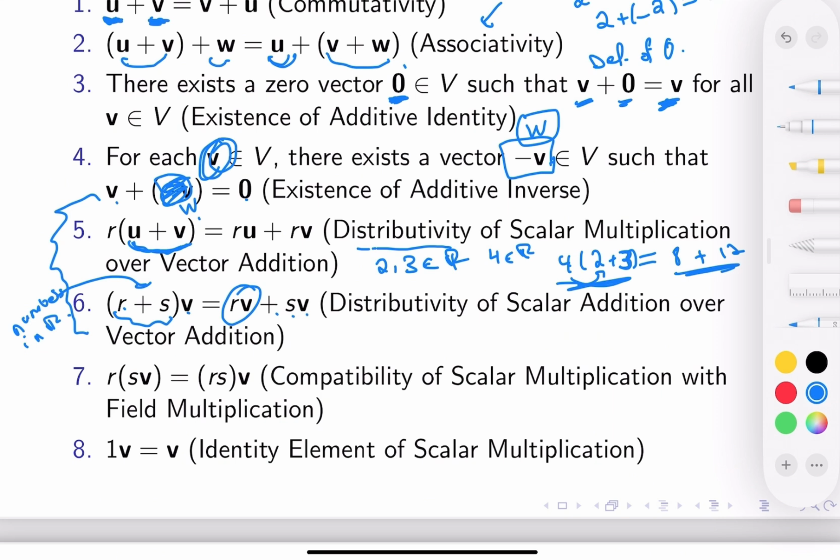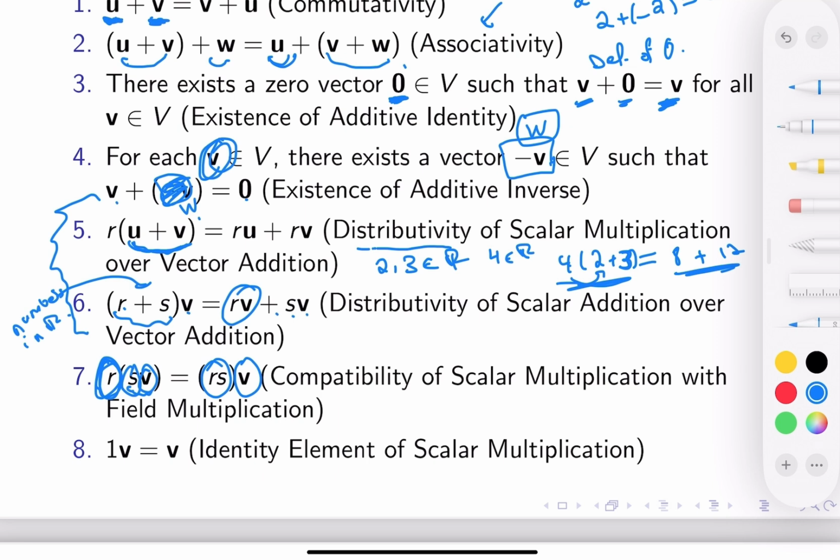And the other property is what's called commutativity or compatibility for scalars. This means that if you multiply a vector v by a scalar s, and then multiply the whole thing by R, it should be the same as multiplying the vector by rs. We're going to give examples of these in a more interesting case than R.